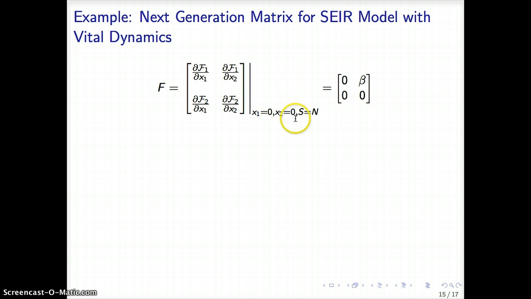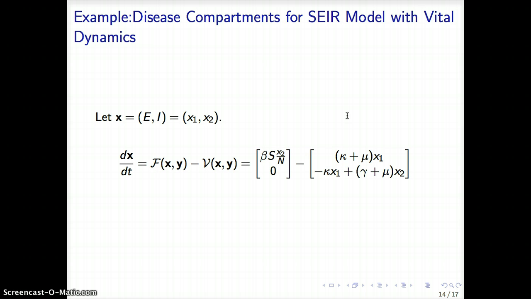One thing to notice is that the disease-free equilibrium here is x1 equals 0, x2 equals 0, and S equals N, and we evaluate this type of Jacobian matrix at that disease-free equilibrium, then we obtain this 2 by 2 matrix. For the other operator, which appears here, we do basically the same calculations.